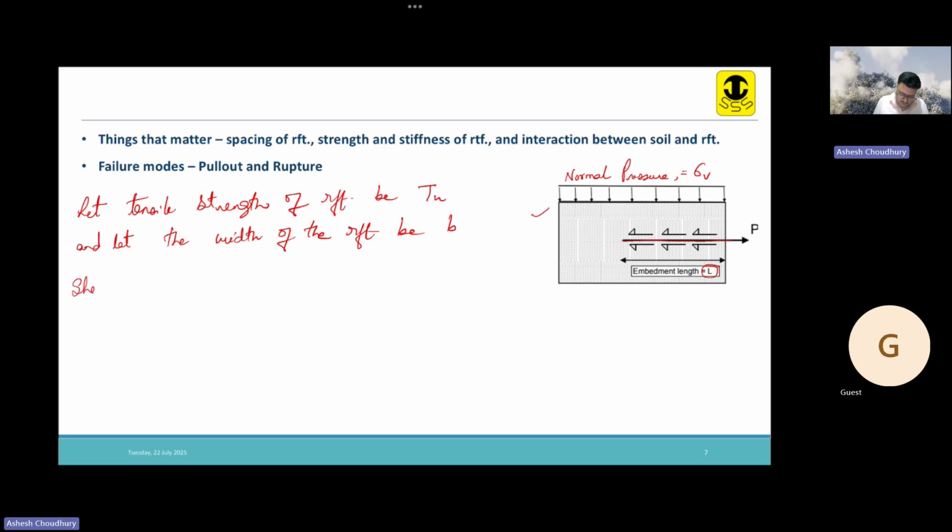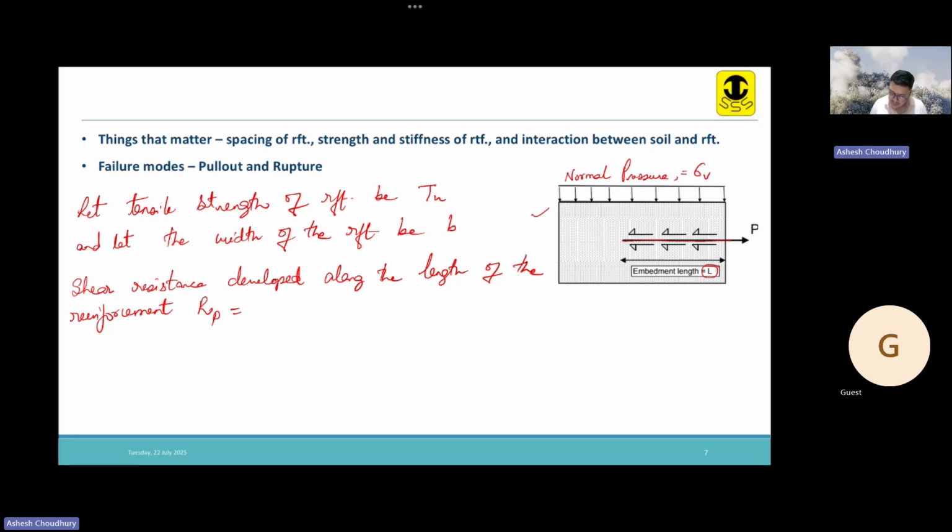Now here, the resistance developed along the reinforcement, we are calling it as Rp. What is this?